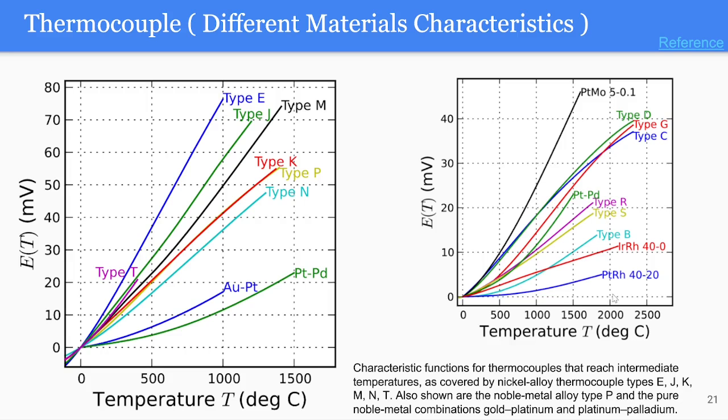Okay, but as you can see here, this graph goes from 0 to 1500 degrees C, and this goes from 0 to 2500 degrees C. Very important information in relation to thermocouple sensing characteristics.